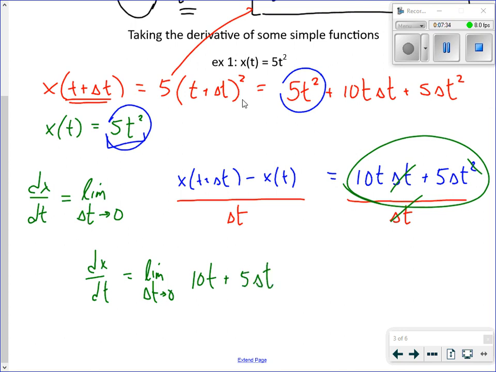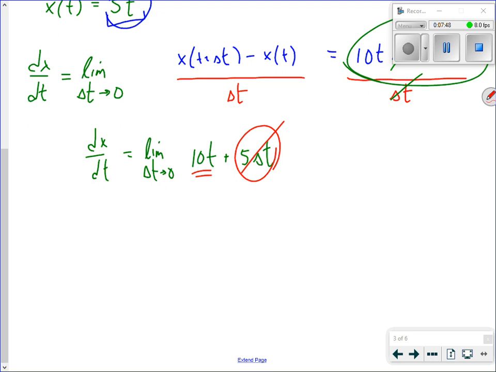Well, as delta t approaches 0, it doesn't do anything to the 10t, but it makes the second term approach 5 times 0. And what that says is if x is 5t squared, dx dt is 10t.